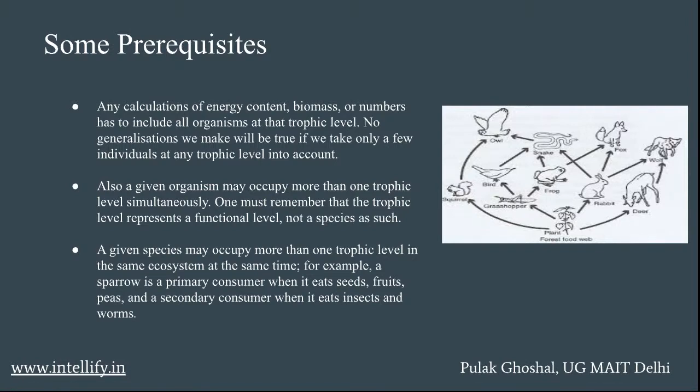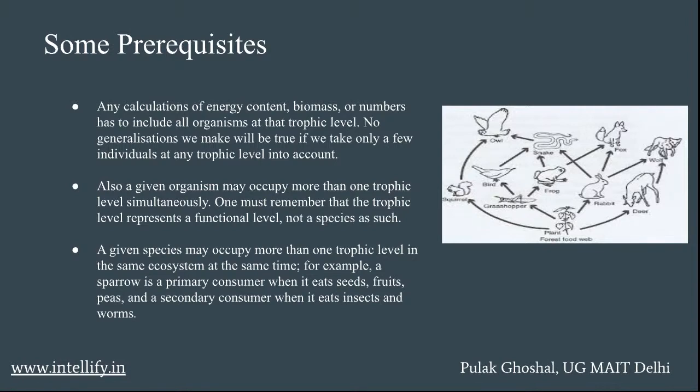Next, a given organism may occupy more than one trophic level simultaneously. One must remember that a trophic level represents a functional level, not a species as such. So one species can be in one or more trophic levels at the same time.